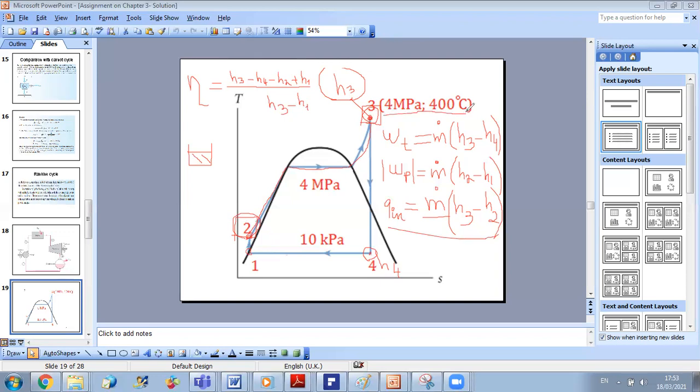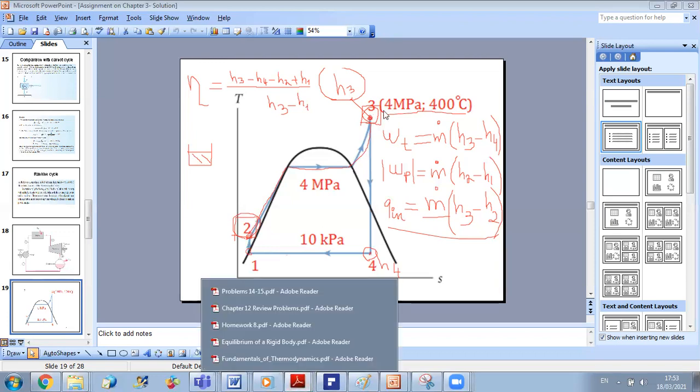Since I know the Rankine cycle variation, I can say that point 3 is in which region? Superheated. Very good, it's superheated. So when I go to the tables now, I will search in superheated steam and I will go to condition 4 megapascal, 400 degrees. So let us do this together.